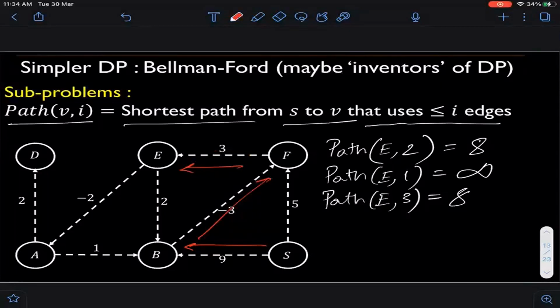Suppose I reduce it, suppose instead of 9 it is -2. Okay, then what is the answer for path(E, 3) now? It's -2, right? Why is it -2? Because now I should take this 3-length path, which has a cost of -2.